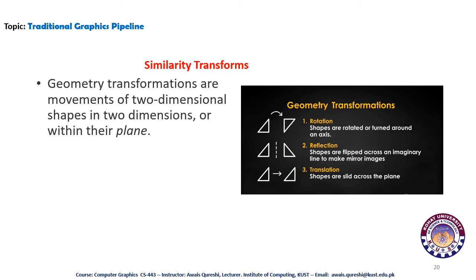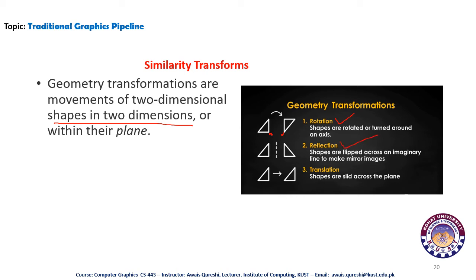After that, there are some more transformations which are called similarity transformations. Geometric transformations are movements of two-dimensional shapes within the plane. The first one is called rotation. Here you can see that this object is rotated in this fashion. Shapes are rotated or turned around an axis, so the axis will remain the same, but the shape is rotated.